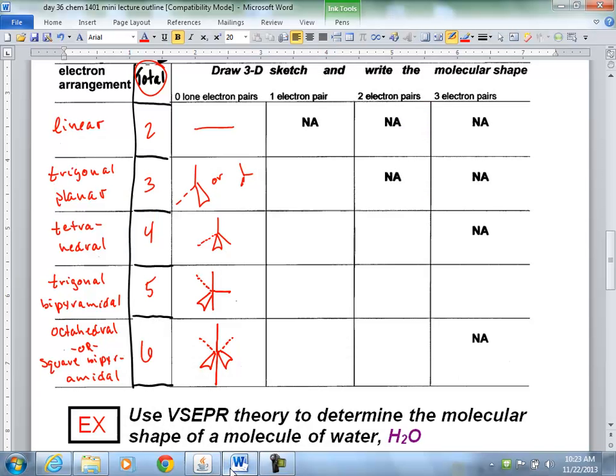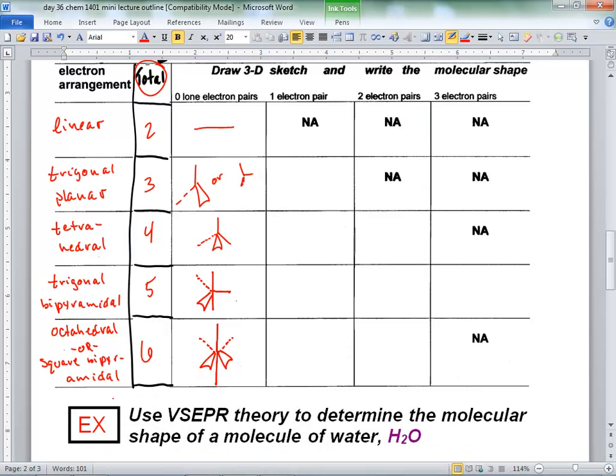So that's what we need to draw. You pretty much just add a lone pair to our shape. Just pick one and add a lone pair. All right?